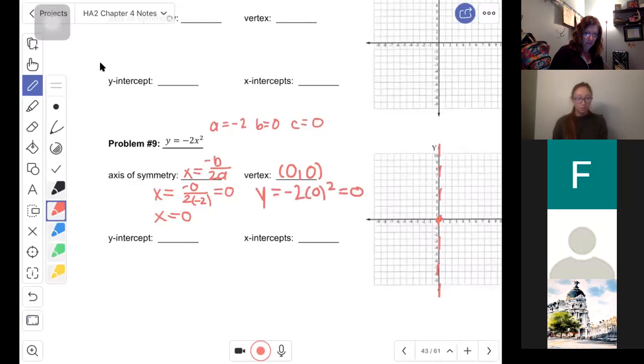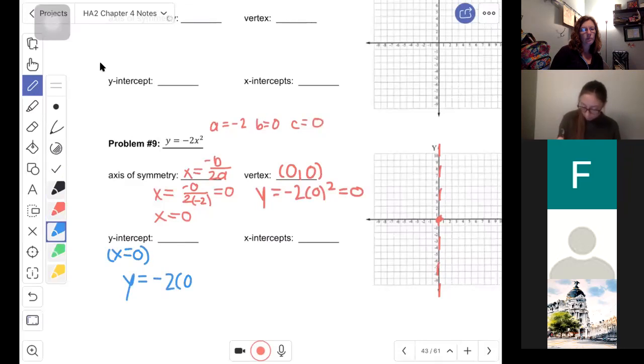Next, for our y-intercept, we know we are setting x equal to 0. Well, here, we're just plugging in 0 there, and we know we're going to get 0. Our y-intercept, again, is not just 0. Our intercepts we have to write as points, as ordered pairs. Make sure you're writing our intercepts as ordered pairs. That's something we've been doing.